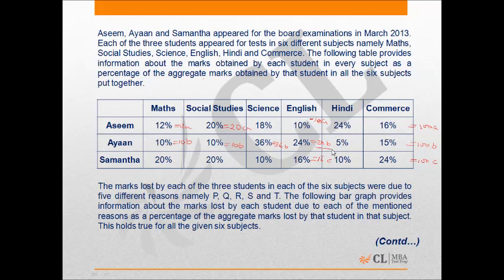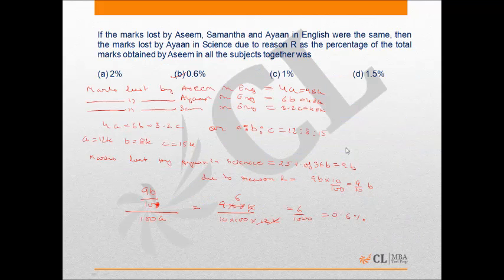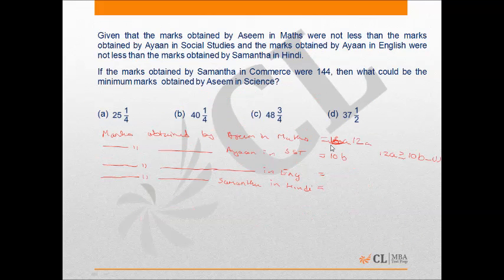We have already seen that. And marks obtained by Samantha in Hindi will be 10C. So it says that marks obtained by Ayan in English were not less than the marks obtained by Samantha in Hindi. That means 24B was either equal to or greater than 10C. This is my equation 2.